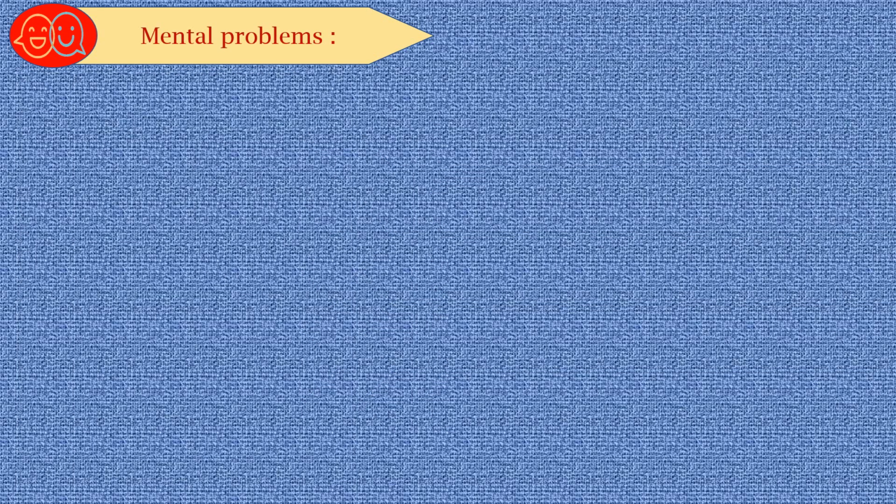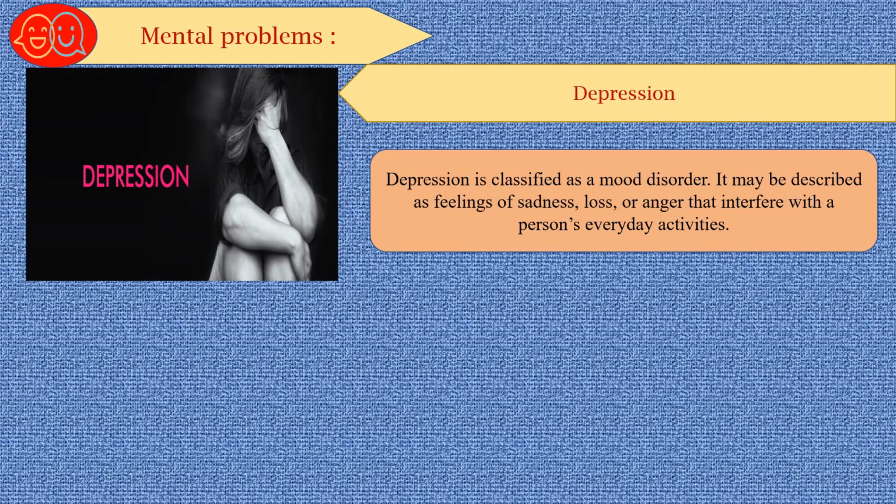Now, students, we have all the ways to manage our stress. However, if those are not successful due to certain reasons, it leads to some more serious problems like depression. Now, what is depression? Depression is classified as a mood disorder.